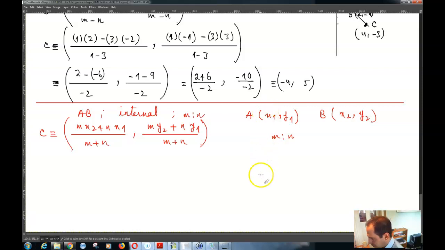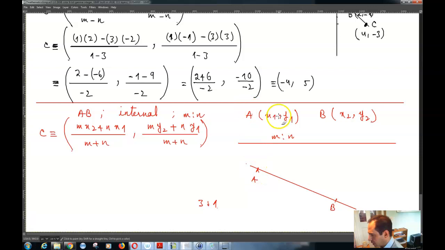And what that means is that, for example, suppose that you have A and B over here, and m to n is, for example, 3 to 1.